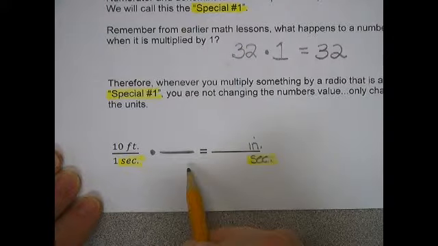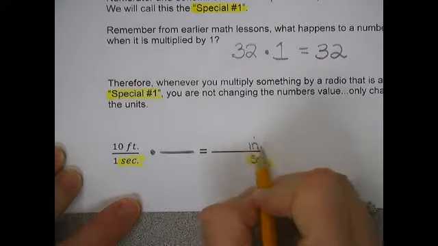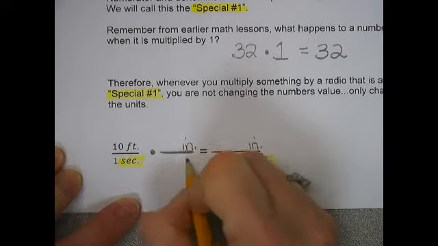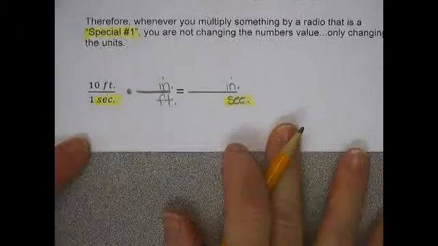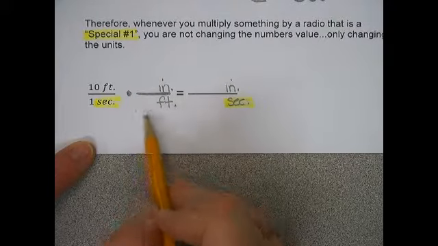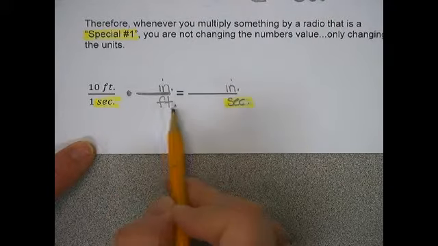Okay. Well, we're going to multiply by a fraction here, and whatever we put in this fraction, we want our units of feet to cancel, and we want our final result to be inches. So please write this in.